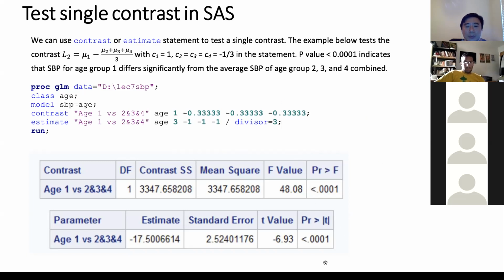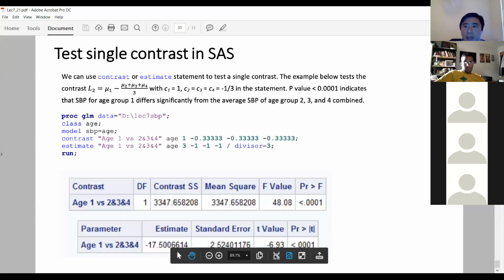The p-value will be the same, but the contrast will do an F-test, which is a partial F-test, while if you use the estimate statement, it's going to do a t-test. They are equivalent, and you can calculate that the F value is equal to the square of the t value. All right, so that's the Scheffé, and this is everything for the one-way ANOVA. So I'm going to go to the next one.